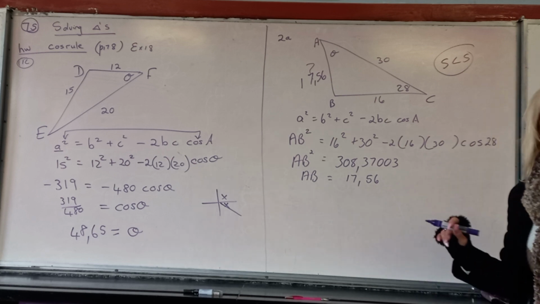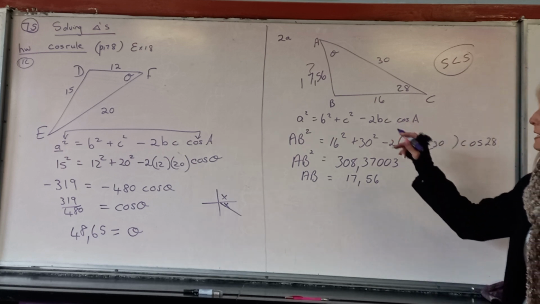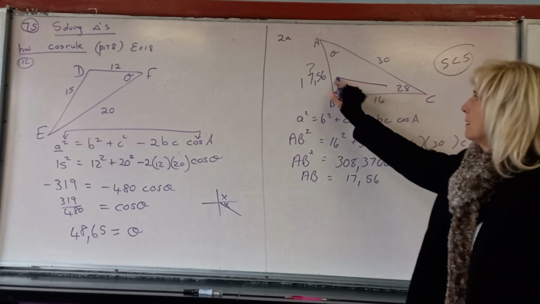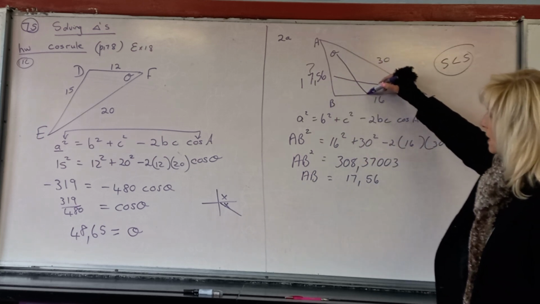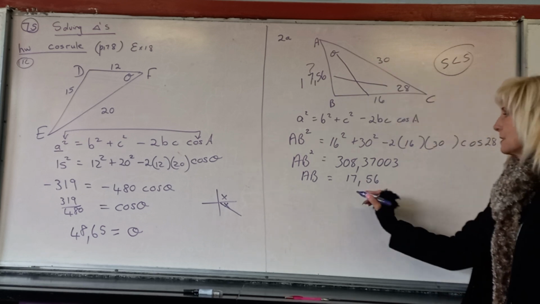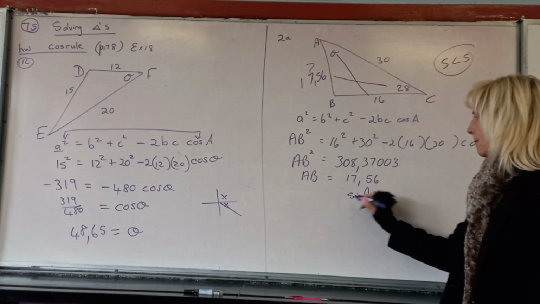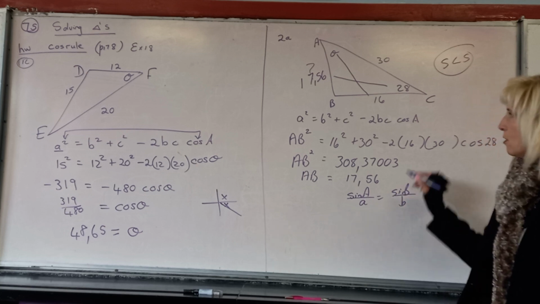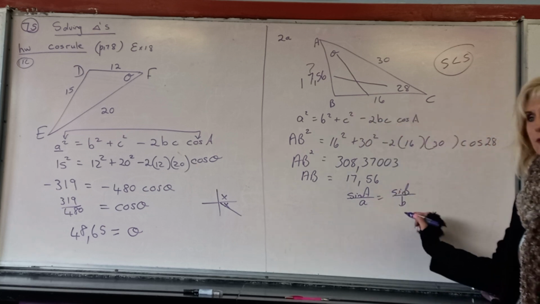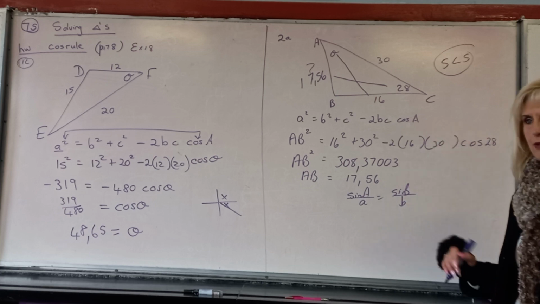But the better way to do this sum now, once you've got that, is to say, well, now I've got a pair, and to find the variable theta, I can use that pair. So the sin rule, which I always write down first, so I could get marks for the cos rule, and for the sin rule, and then for the substitution, and then for the answers.